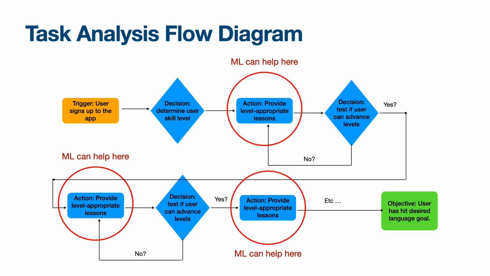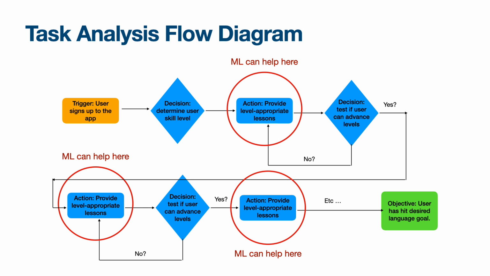The task analysis flow diagram. We start with the objective, which is the user hits their desired language goal, and then we work our way backwards. The user signs up to the app, and in between, there are multiple iterations of the user undergoing some language learning lessons, and then there'll be some tests to assess that person's skill level.